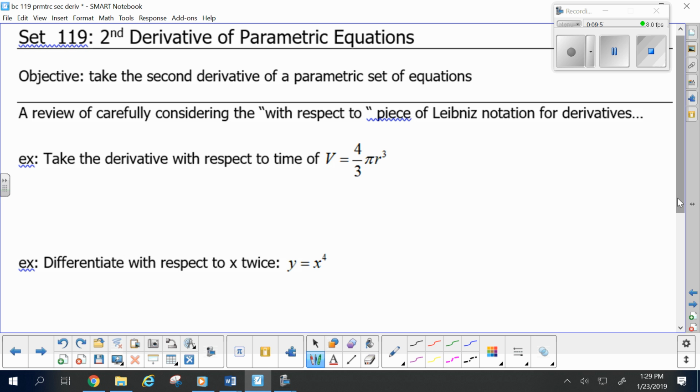The second derivative of parametric is largely a notation issue. There's one little gotcha in there that people don't understand why they're doing. It feels like if the first derivative is dy/dx, y prime over x prime, then for the second derivative, why not y double prime over x double prime and call it good?